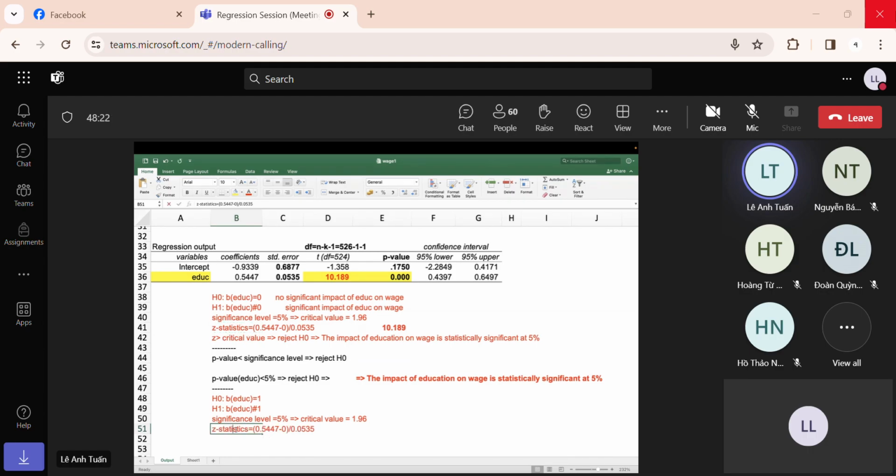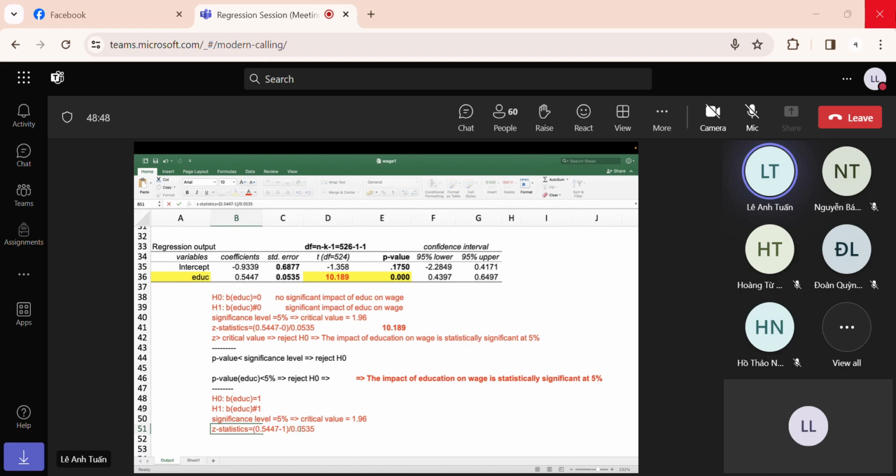The z statistic is the sample coefficient minus the value we would like to test, which is not 0 but 1, because we would like to test whether the coefficient equals 1 or is different from 1.